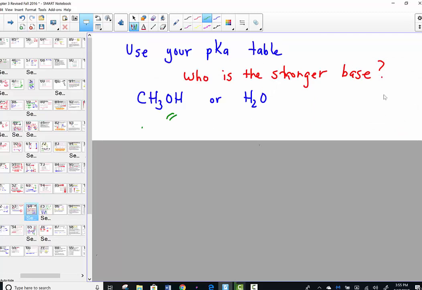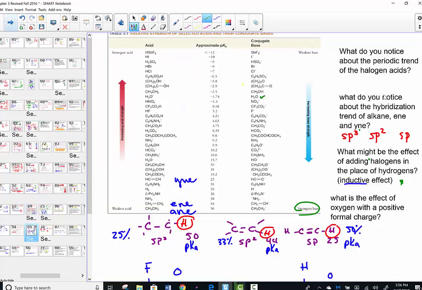Therefore, its conjugate acid, CH3OH2+, and the conjugate acid of water, H3O+: if this is the strong base, this is the weaker acid. Stronger base forms a weaker acid. Get familiar with the pKa chart and how to find them, and they go across by conjugate pairs.